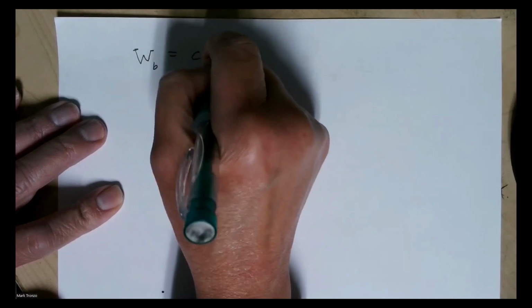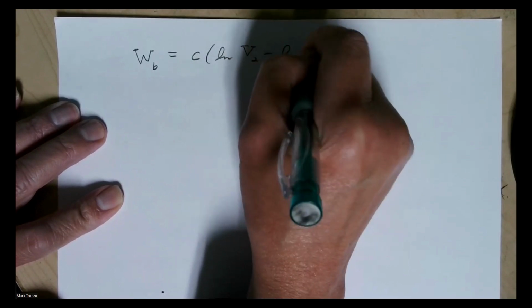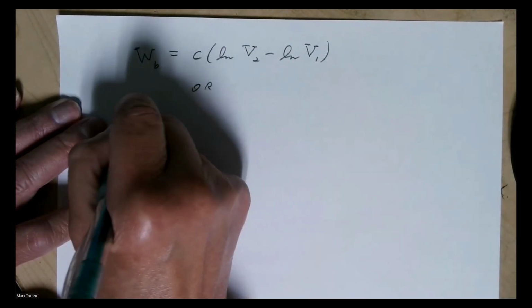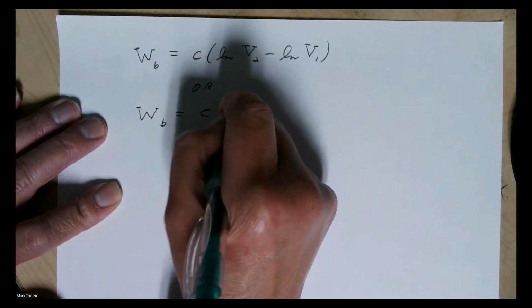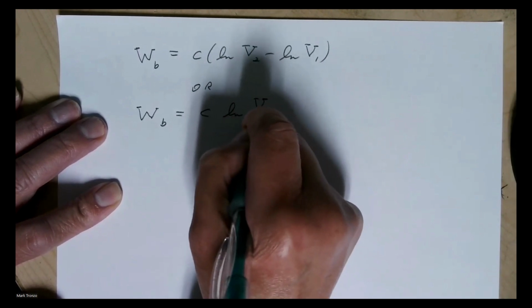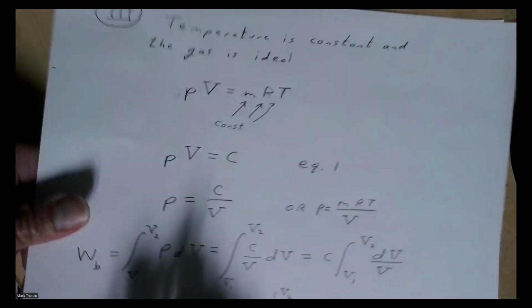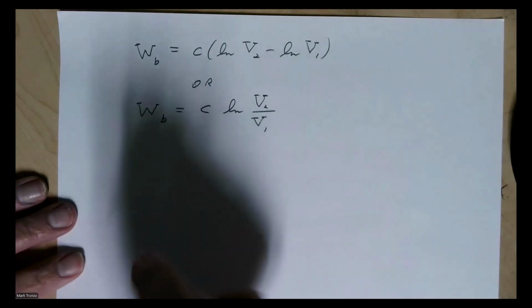So you can think of this as being work is going to be C log V2 minus log V1, or C log V2 over V1, like this. And again, remember what these are equal to. Our C was our pressure times volume. So we can replace that here.